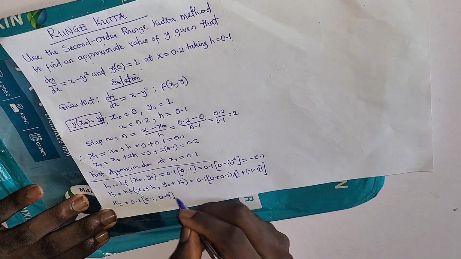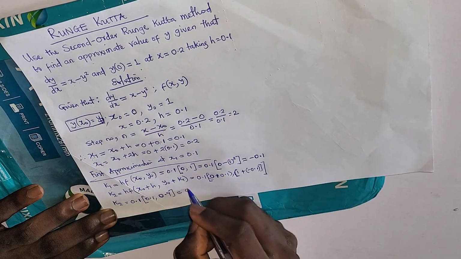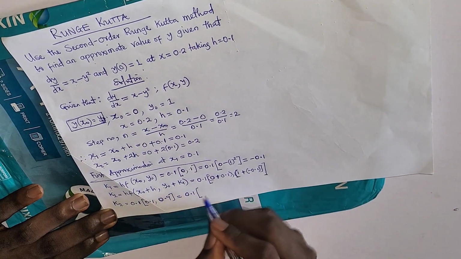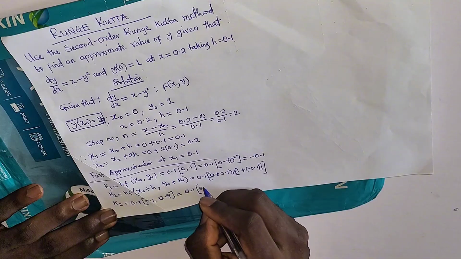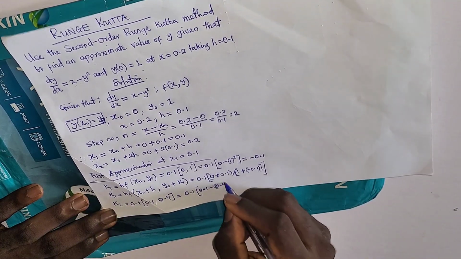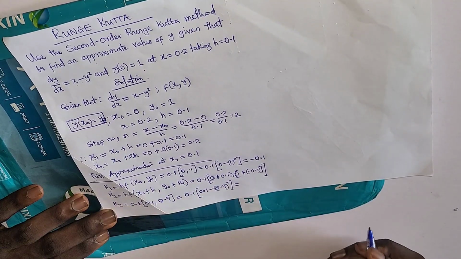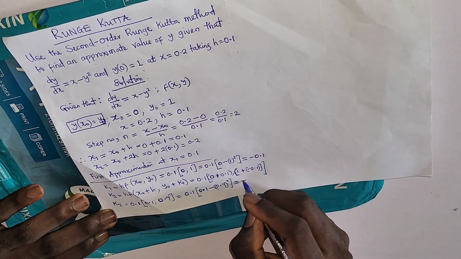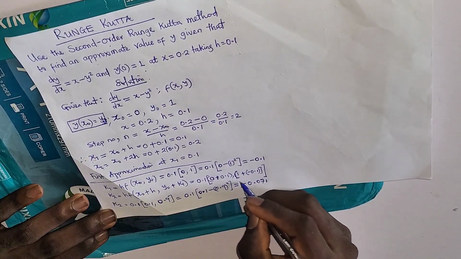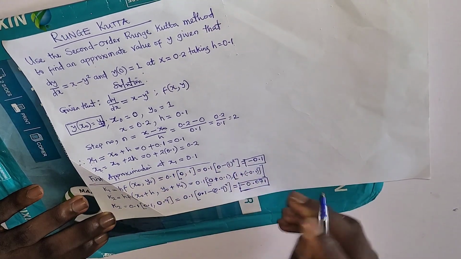If you use your calculator and apply the derivative, we are going to say 0.1 into x is 0.1 minus 0.9 squared. When you use your calculator, you are going to get negative 0.071. So this is your K2. Okay. This is your K1.